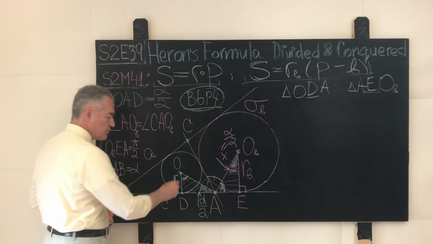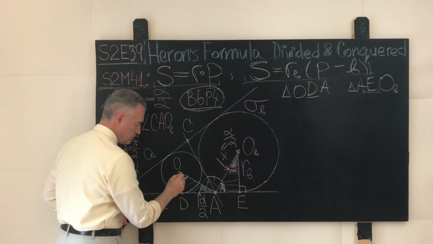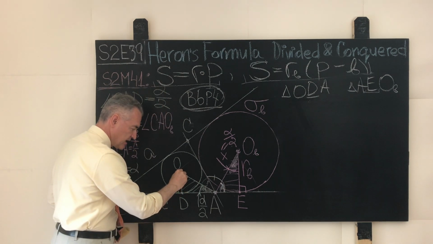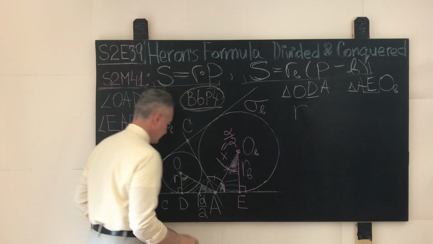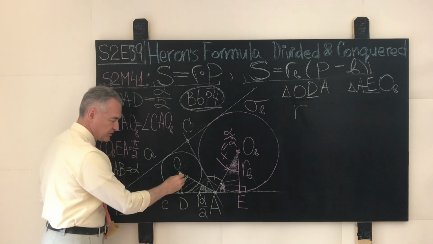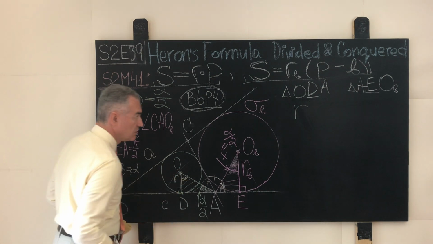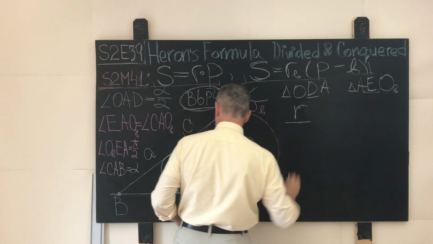Well, from the triangle, this one, ODA, what do we write? We take the side R, which is the side OD, which represents what? The length of the radius of the InCircle. Construct the ratio of R to what?